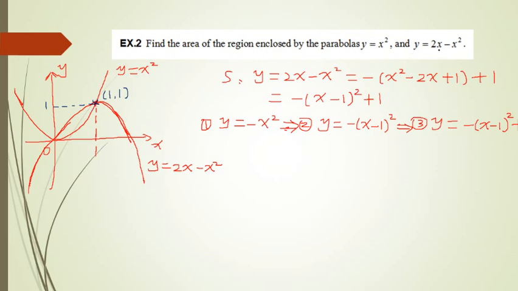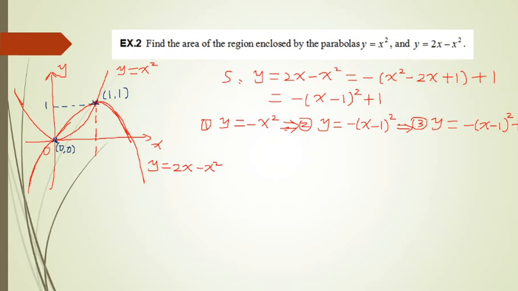In the second parabola, when x is 1, y is also 1. So that is the intersection. And also (0, 0) is an intersection for those two parabolas. When x is 0, y is 0, and in the second parabola, when x is 0, y is also 0.